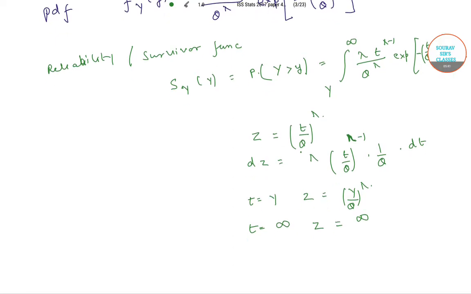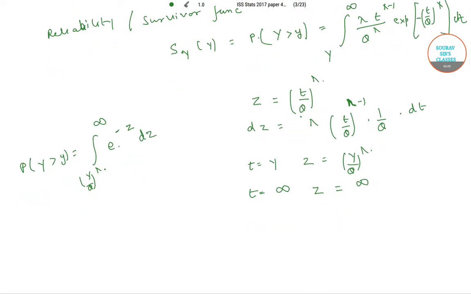So we would have this probability Y greater than y equal to the integration from (y by theta) raised to the power lambda to infinity of e raised to the power minus z into dz. So this is equal to minus e raised to the power minus z, from infinity to (y by theta) raised to the power lambda.